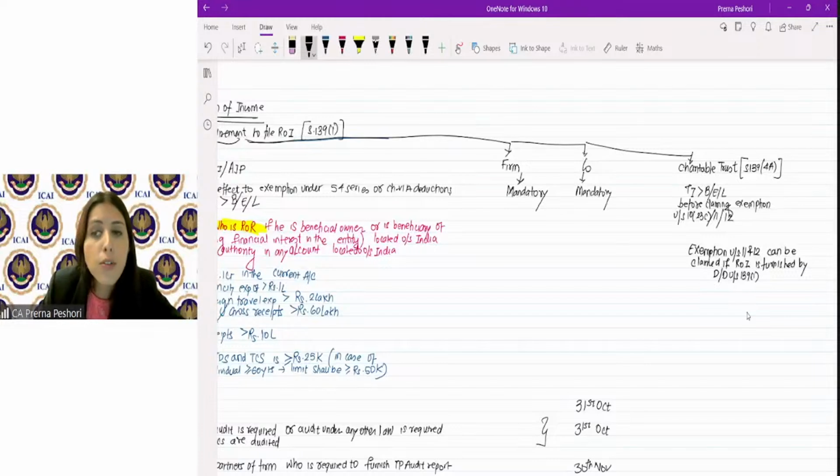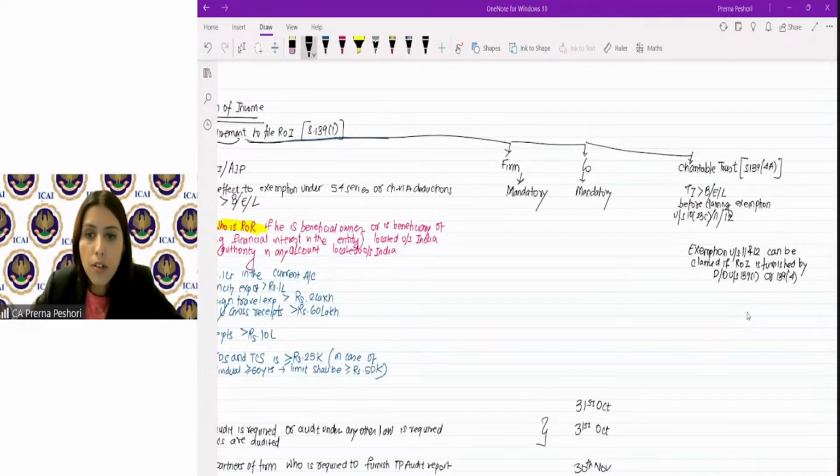If you have the total income greater than the basic exemption limit, you must furnish the return of income by the due date under 139(1) or 139(4), which is the belated return. So you can claim the exemption even when you file the belated return. It is not necessary that you file the return under 139(1) only, but you can claim the exemption even when you file the belated return.